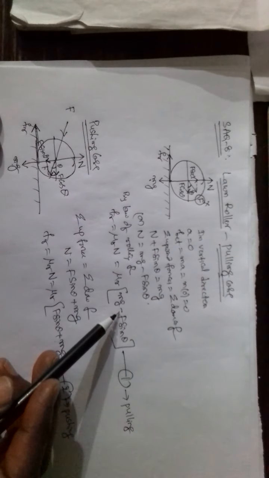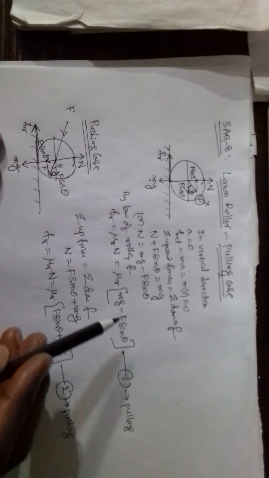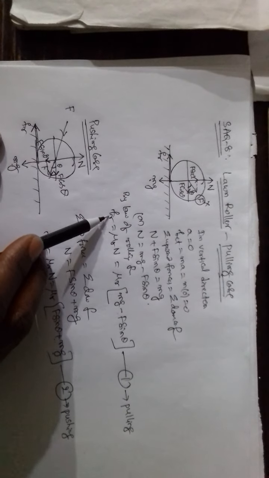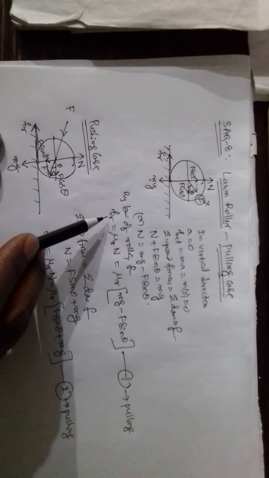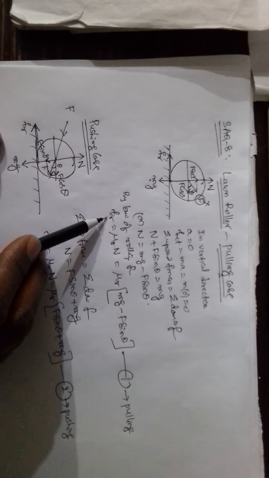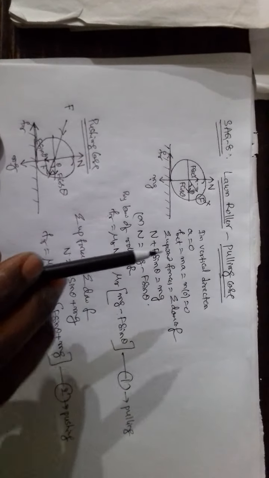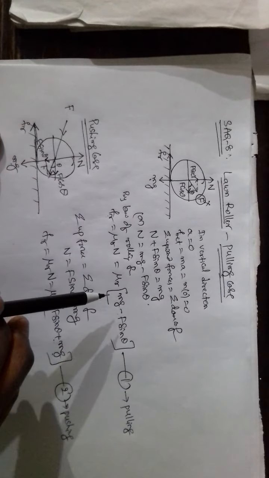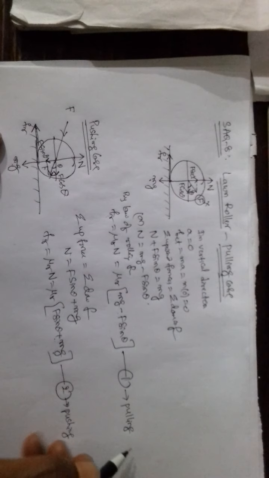Here every term is same. Here minus is there, here plus is there. So definitely, since here plus is there, in this case Fr will be more, and in this case Fr will be less. And if friction is less, the lawn roller can be easily moved.